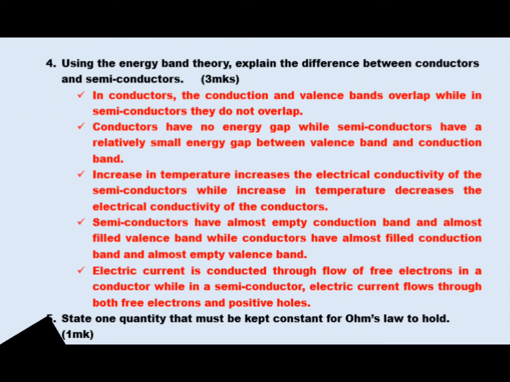Let's go to question 4. Using the energy band theory, explain the difference between conductors and semiconductors. So number 1, in conductors, the conduction and valence bands overlap, while in semiconductors, they do not overlap.